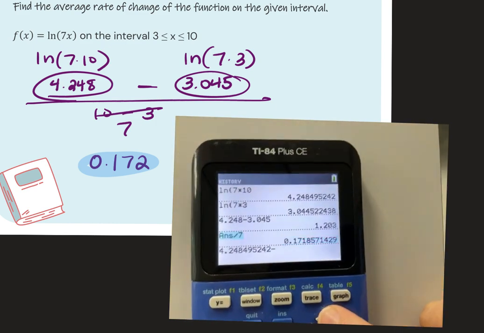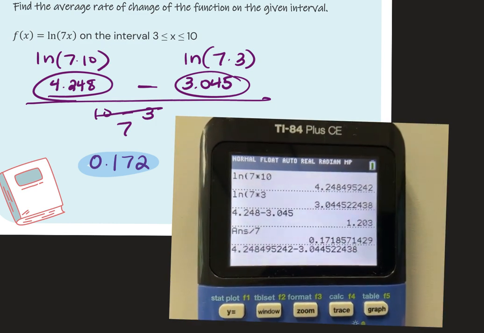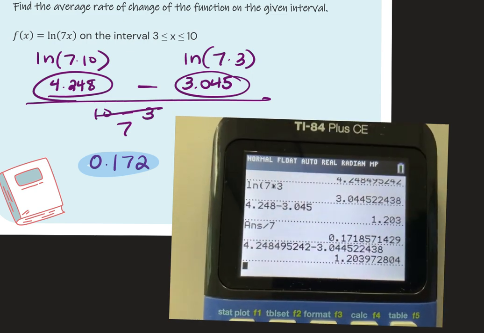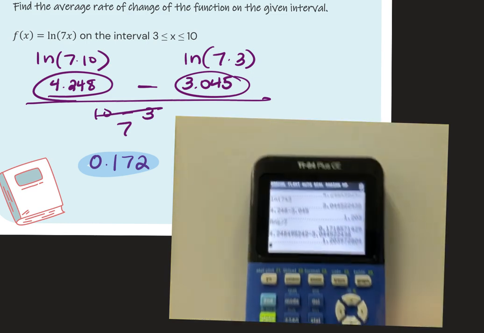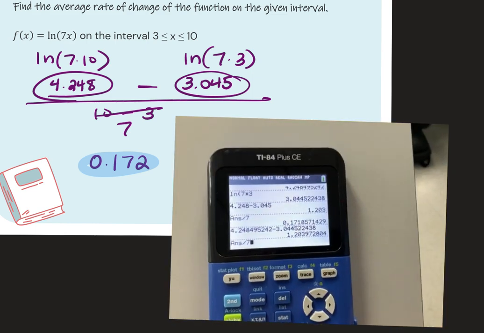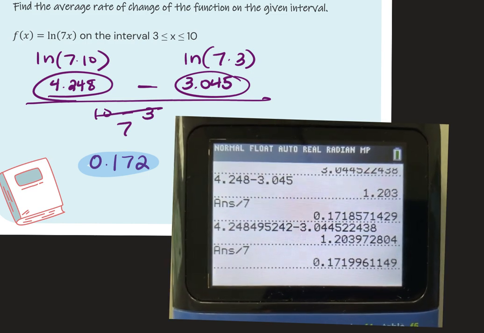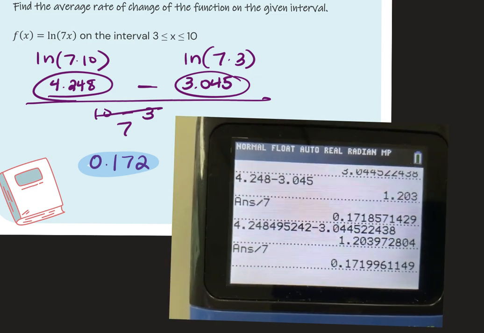Minus, I can arrow up to the 3.044, enter. And then I can hit enter on that. So that keeps the whole decimal there at the end, which means it's going to be more accurate. Then I could divide that by 7. And it's still going to round to the same answer, okay? But that is a more accurate answer.